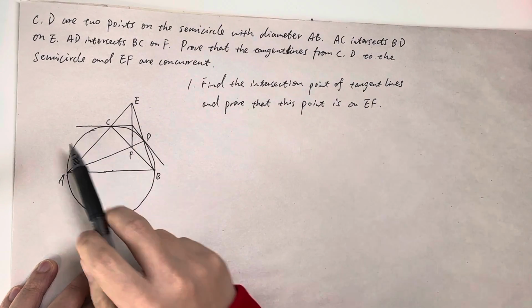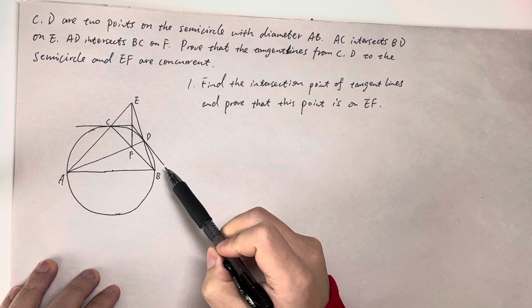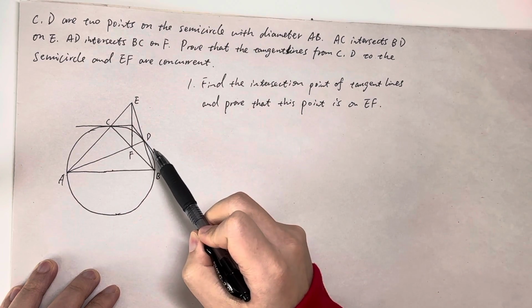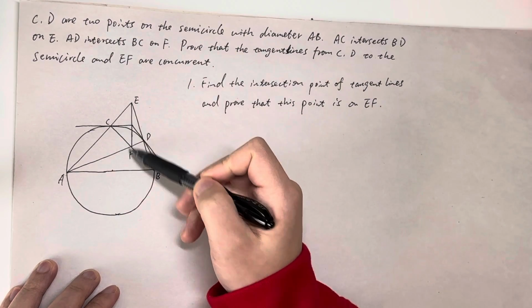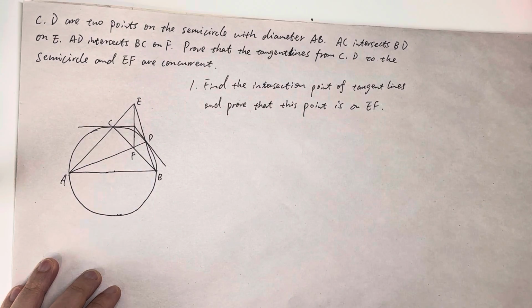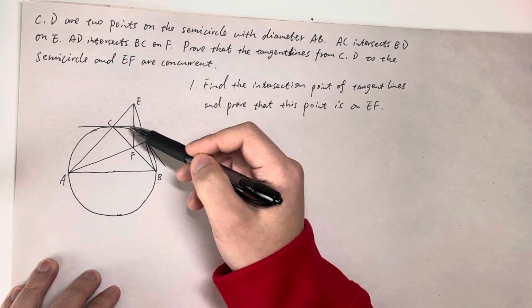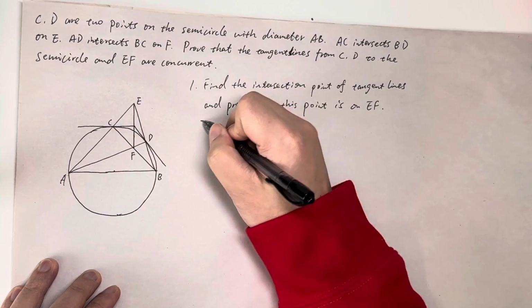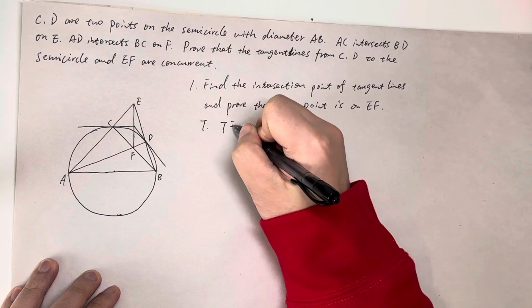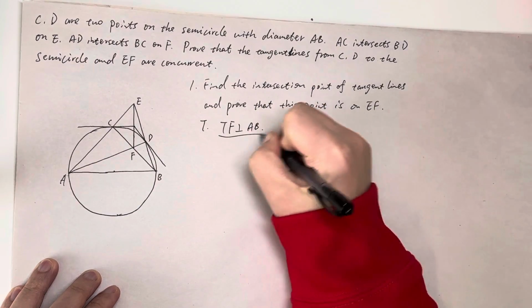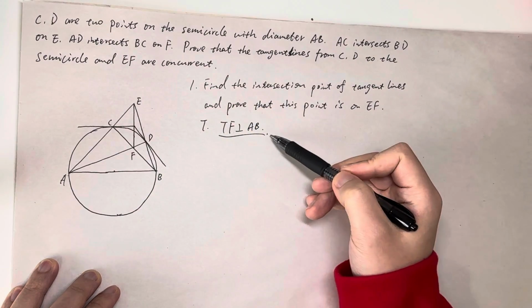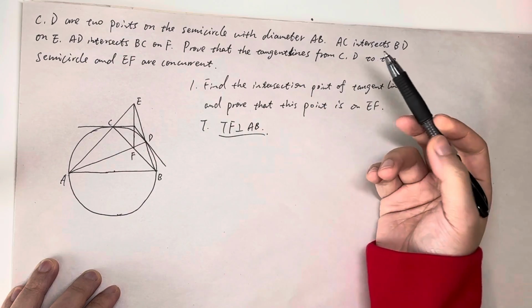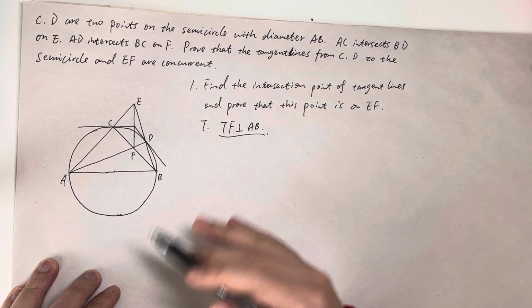So we can first find the intersection point of the tangent lines passing through C and D, and then prove that the intersection point is on EF. We can just assume that we got the tangent line intersection point as T, and then we want to prove that TF is perpendicular to AB, right? And with TF perpendicular to AB, we already know that EF is perpendicular to AB, so T must be on EF, right? That's the first way of proving this problem.